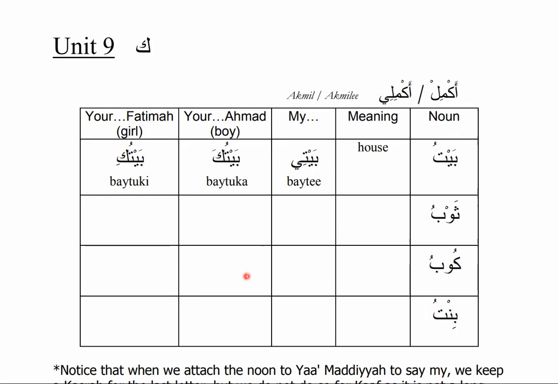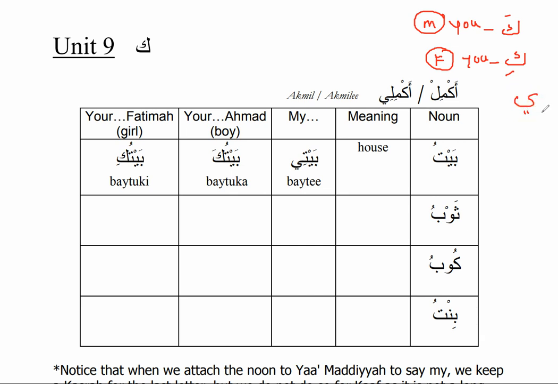And here you can see how this damir is used with another damir, that is the ya mutakallim. The first was kaf with fatha. The second was kaf with kasra. Both of them are translated as you, but fatha is used for male and kasra is used for female. Now we will do another damir.